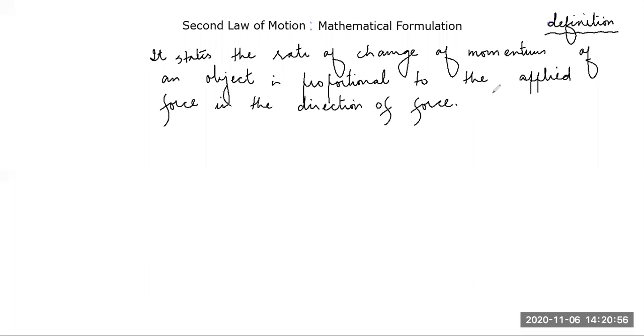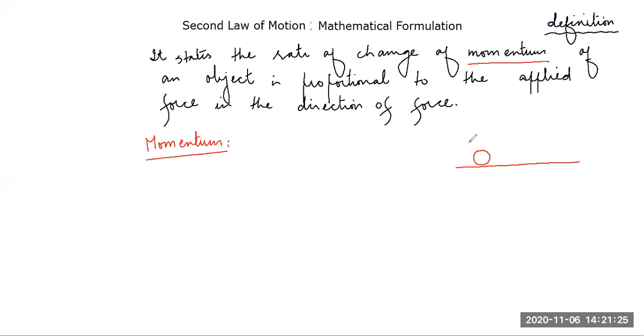Number one, it talks about momentum. Let's understand what is momentum. So I will write here momentum. Students, momentum means, suppose this is a table, and on this table, let's say there's a ball.